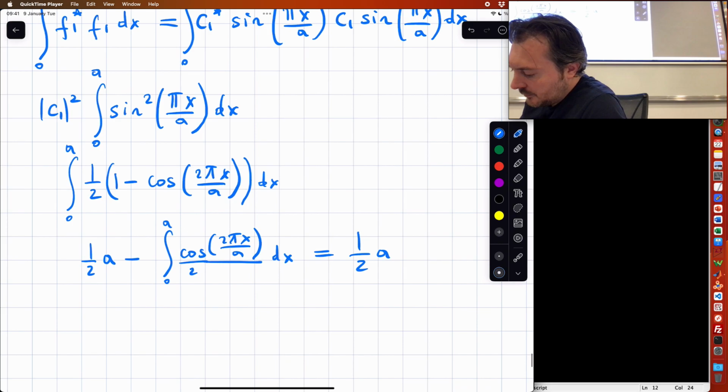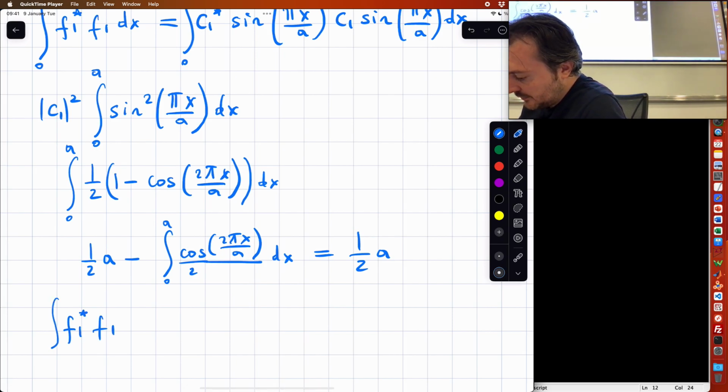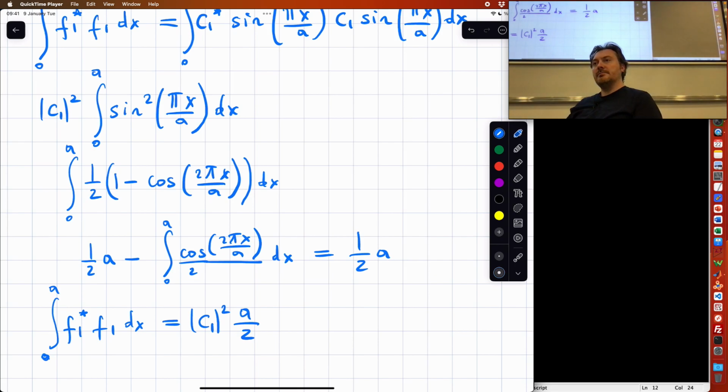So what we realized is that the integral of f1 star f1 dx from 0 to a turned out to be c1 squared a over 2.